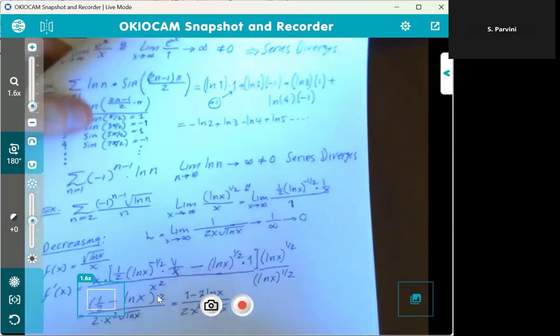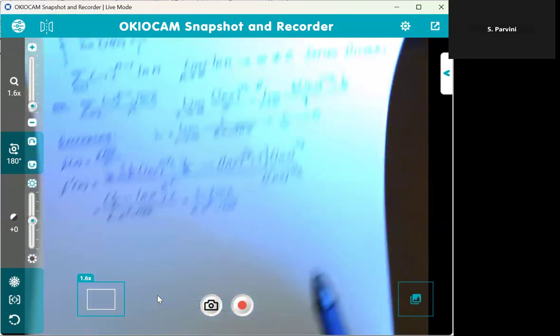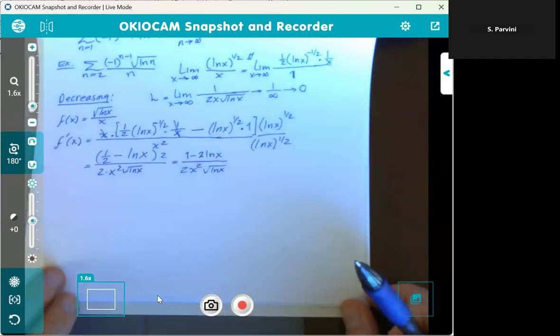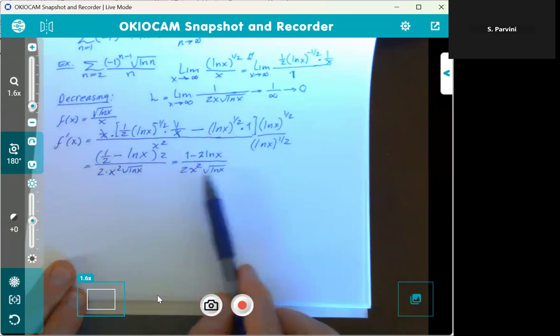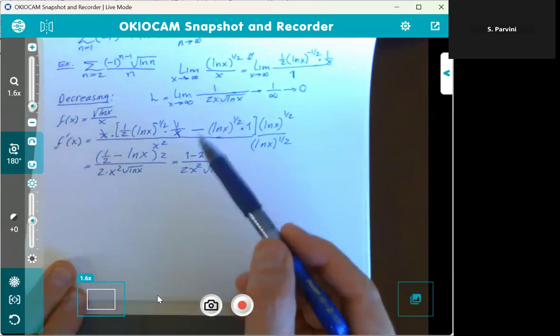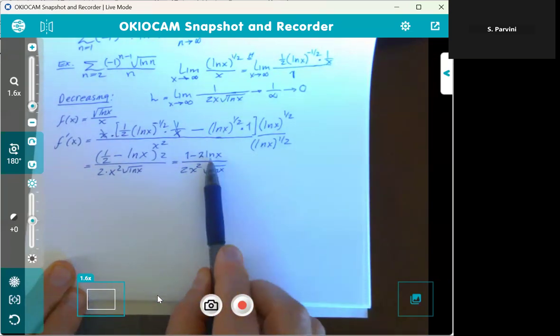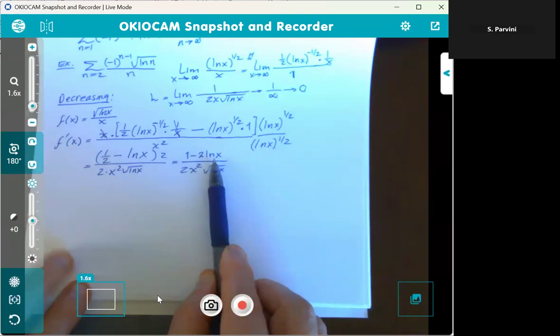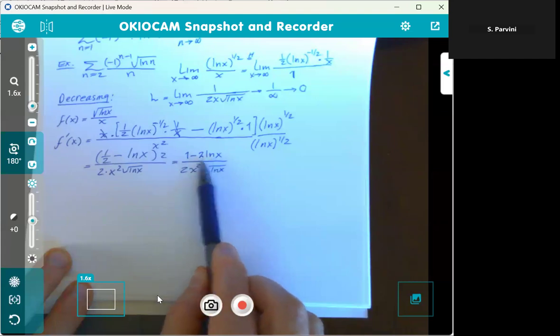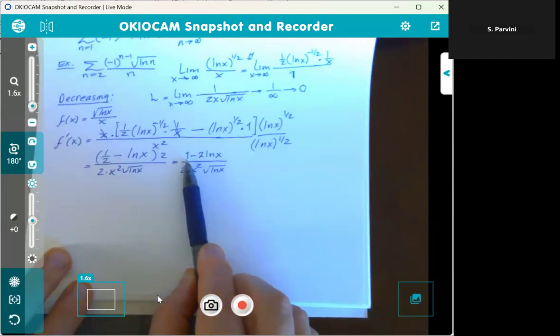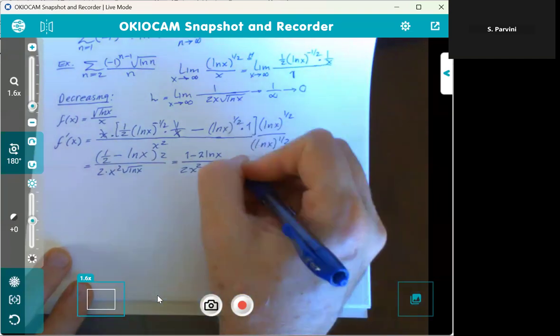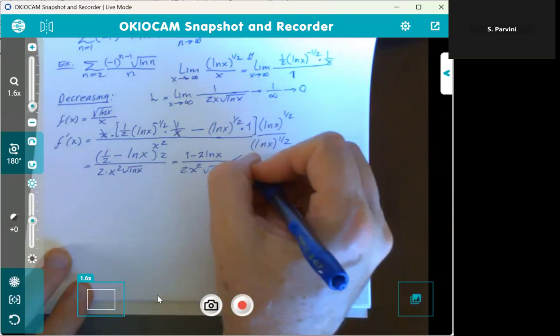True? That's a positive denominator, right? This is positive because x is positive. And by the same token, natural log of x is going to be positive. 2 times that will be positive. And negative 2 times that is definitely going to be more negative than when you add 1. It stays negative. So this one is decreasing, less than 0.